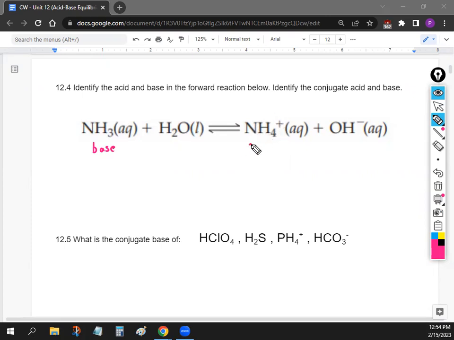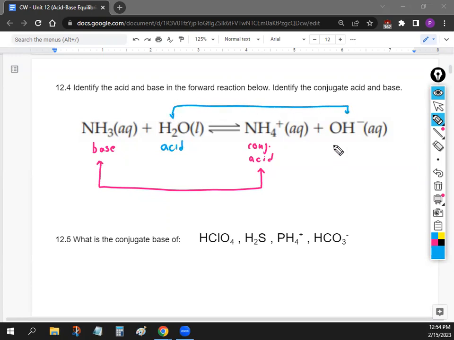Conjugate acid. Good. These are related, like cousins. Let's go to this one. Water is going to be your acid, and hydroxide is going to be the conjugate base.